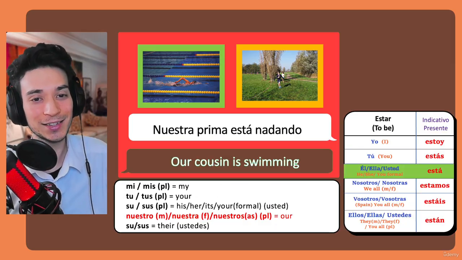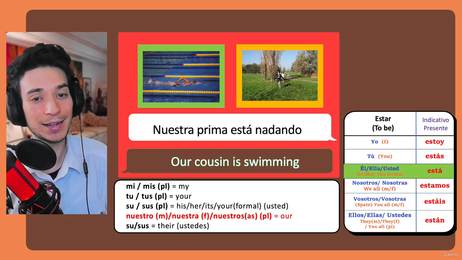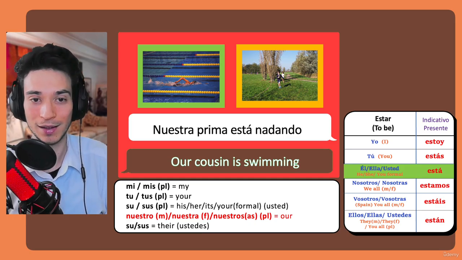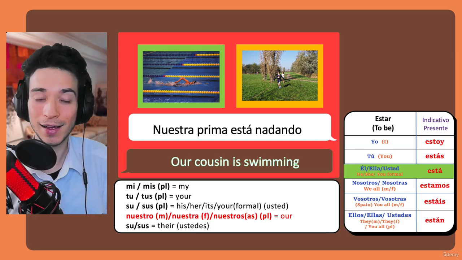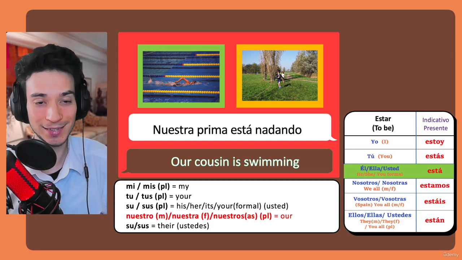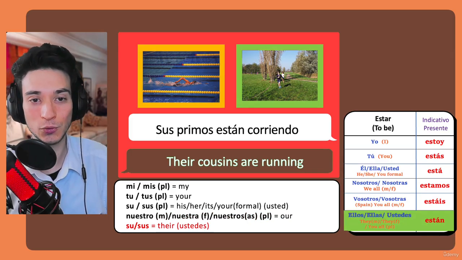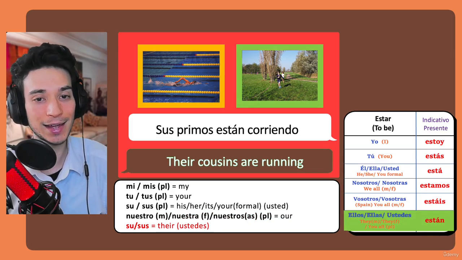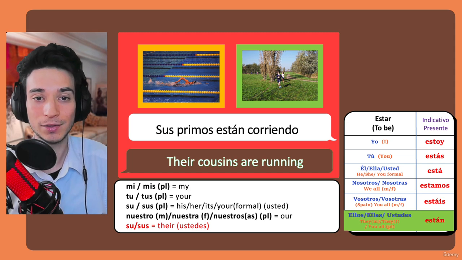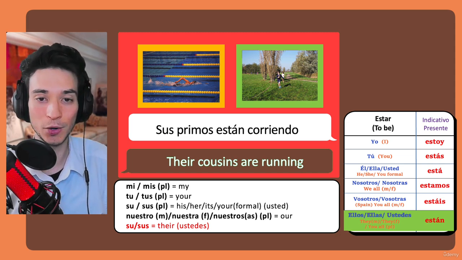Okay, let's try this one. Nuestra prima está nadando. Our cousin is swimming. And prima with the letter A means it's a female cousin, so it's telling you that it's female. And the next one is sus primos están corriendo. This one means their cousins are running.